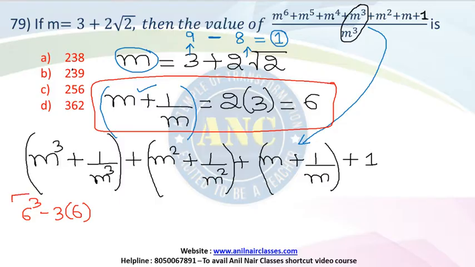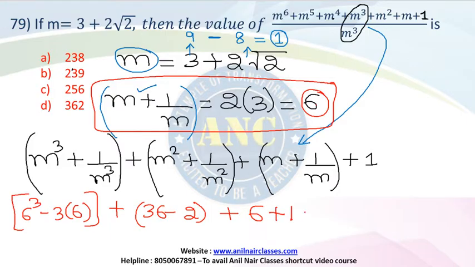This value is 216 minus 18, which is 198, plus m square plus 1 by m square will be 6 square minus 2, which is 36 minus 2, plus m plus 1 by m is known to us directly as 6, plus 1.